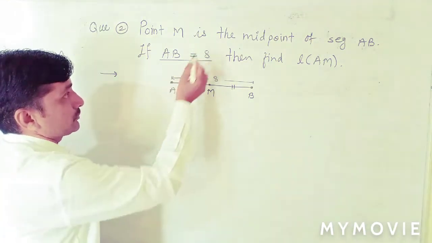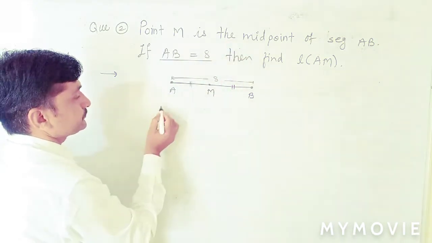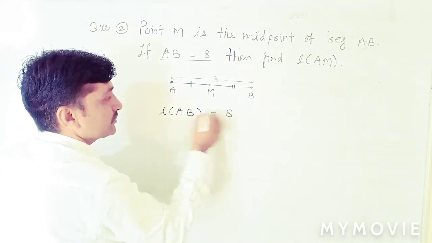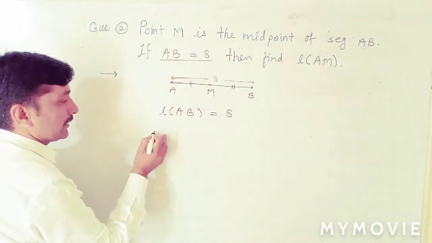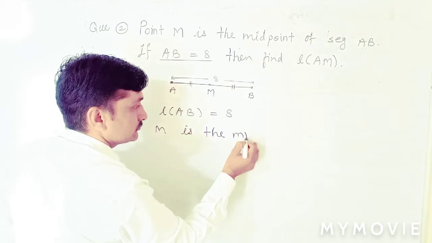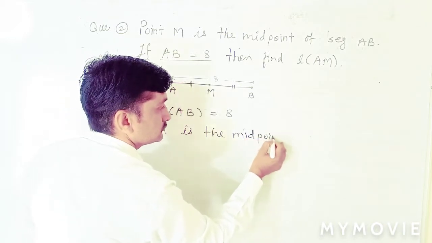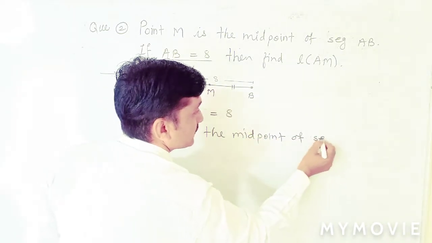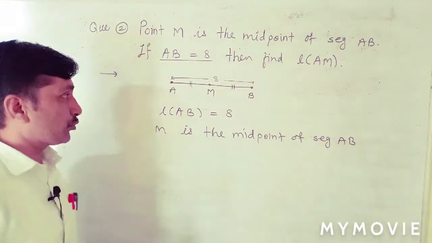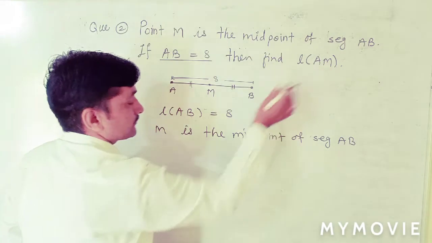Now let's start the solution. Start from the given. Length AB is equal to 8. It is given, M is the midpoint of seg AB. And as M is midpoint, we want AM.